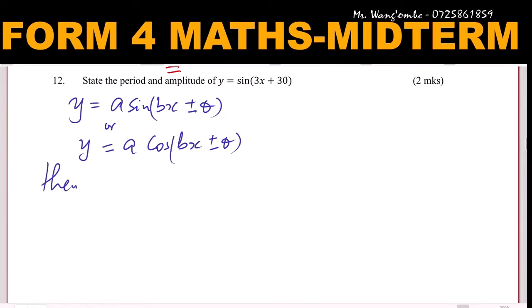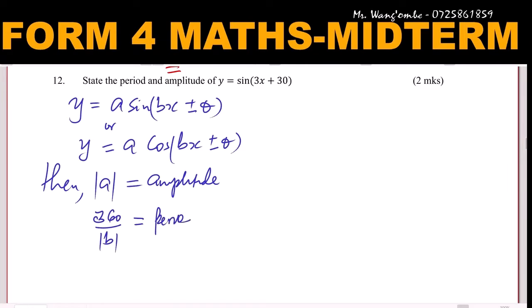Then the absolute value of a is the amplitude of that curve. And the period will be given by 360 divided by the absolute value of b.